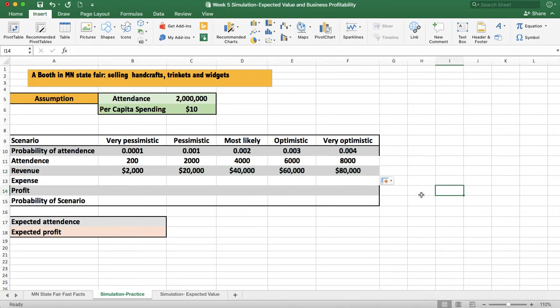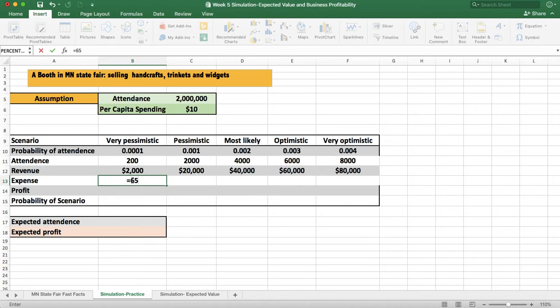We have every scenario's revenue and expense. Suppose the expense is 6,500. We spend 5,000 for buying the handcrafts, trinkets, and widgets, and the other $1,500 for the cost of the booth and other expenses.